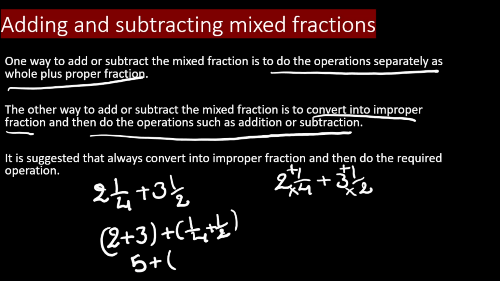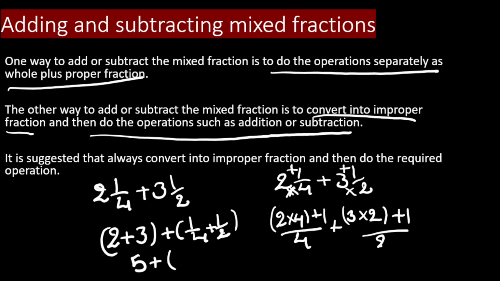Here to convert the mixed fractions into improper fractions, we need to multiply the whole with the denominator and add it to the numerator, by the denominator 4, and similarly multiply the whole with the denominator and add it to the numerator, by 2. So in this way we can do the subtraction and addition of mixed fractions.